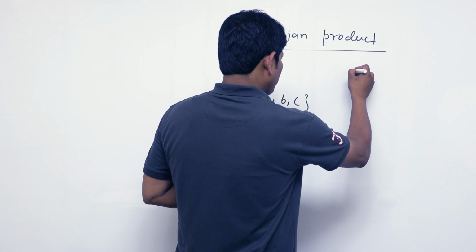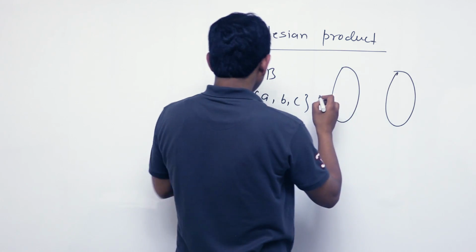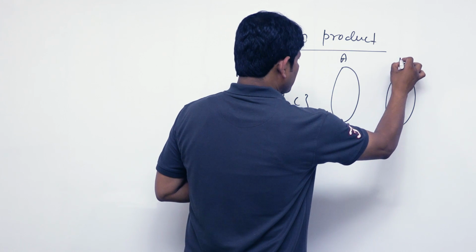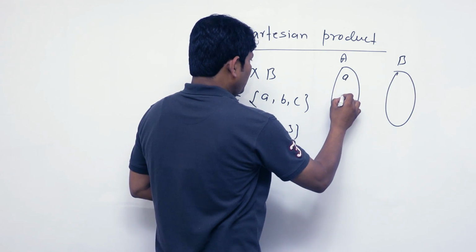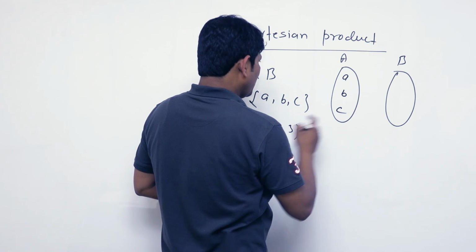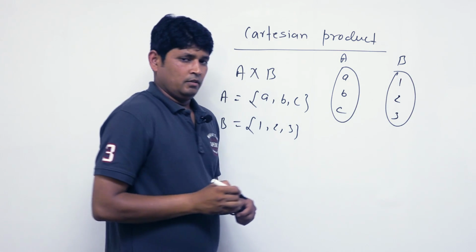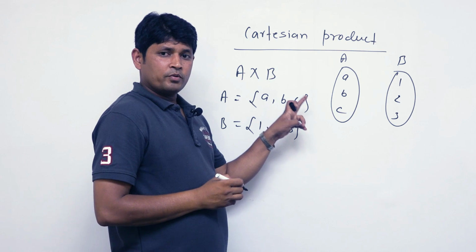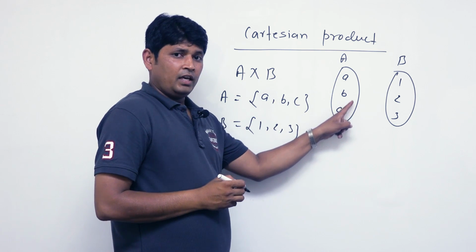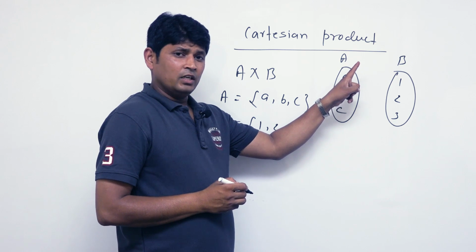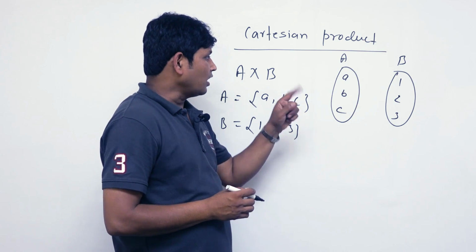This is set A, this is set B. I said every element of A has a relation with each and every element of B, which is called Cartesian product.